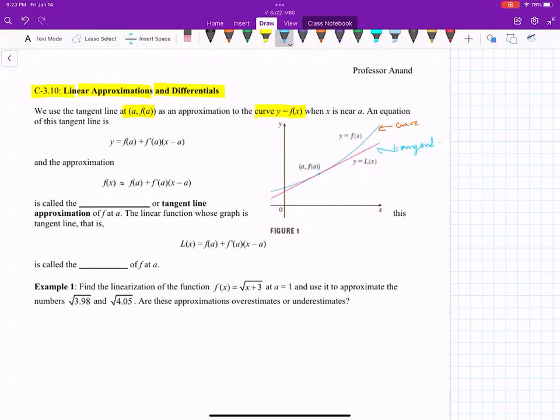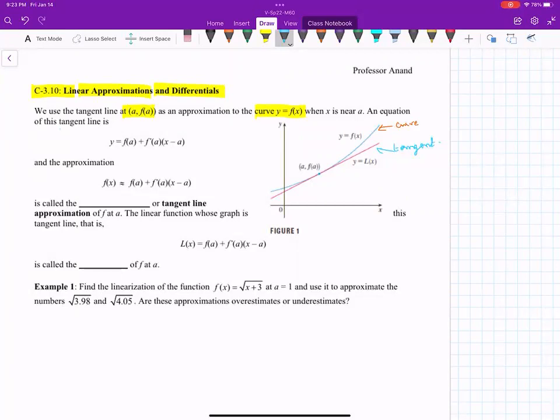As the tangent line touches the curve at (a, f(a)), you can take the values of the function in the neighborhood of a on the line instead of on the curve, because getting the tangent line, which is only linear, is much easier compared to finding the values of the function on the curve. The curve equation may be more complicated than the linear one.